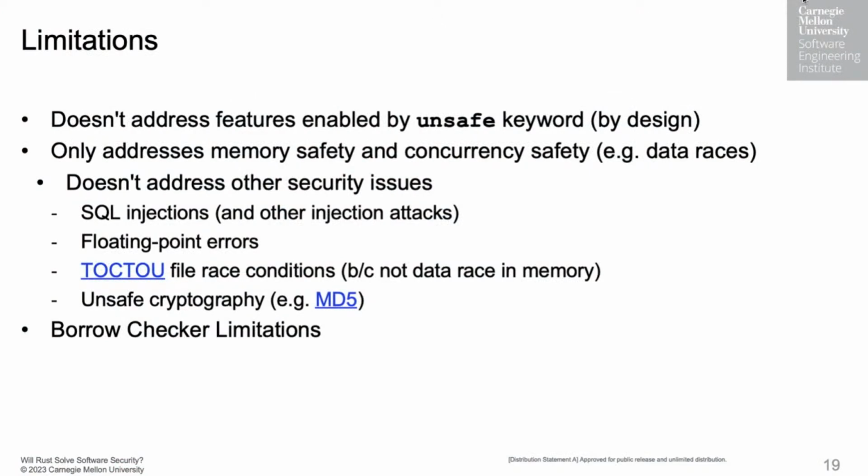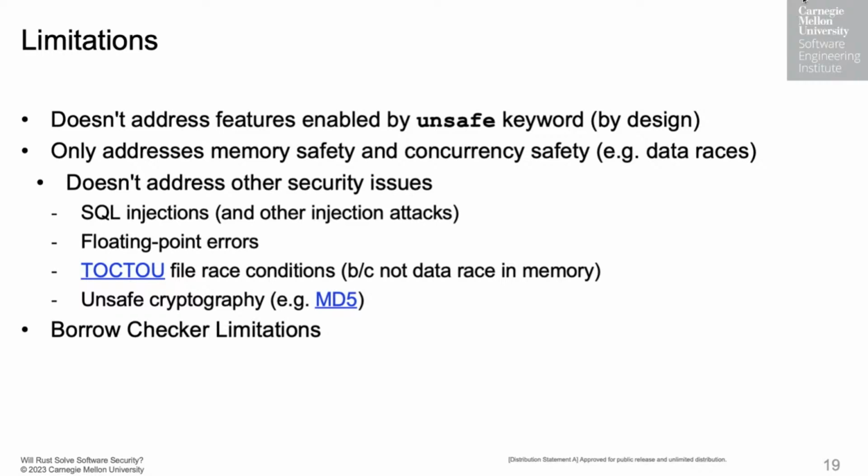So we've already talked about the borrow checker. I'll show you some borrow checker limitations in a little bit, places where the borrow checker is problematic. But the borrow checker also is limited in scope. It's limited to memory safety and concurrency safety.